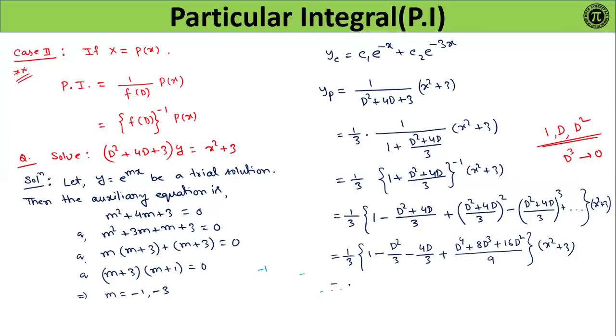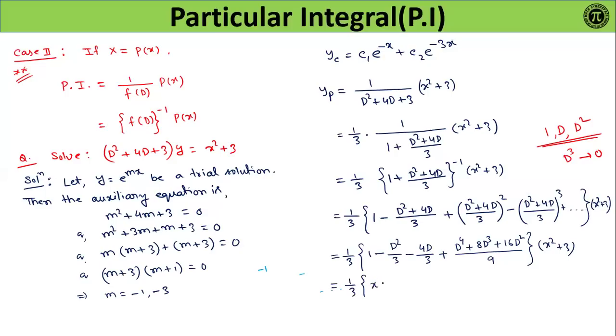So we are getting finally 1 by 3, 1 minus D square by 3 minus 4D by 3 plus 16D square by 9. Okay, so let's simplify this part. First 1. From 1, you will get 1 into x square plus 3.